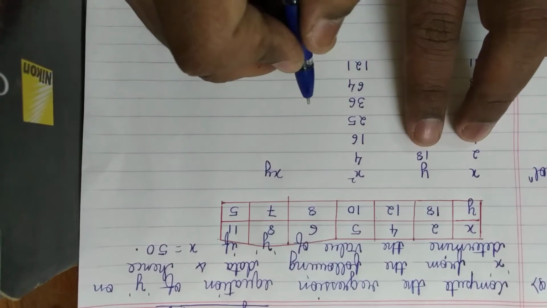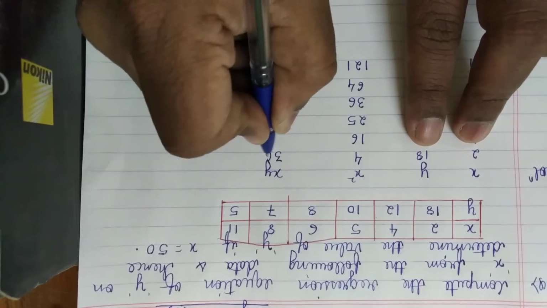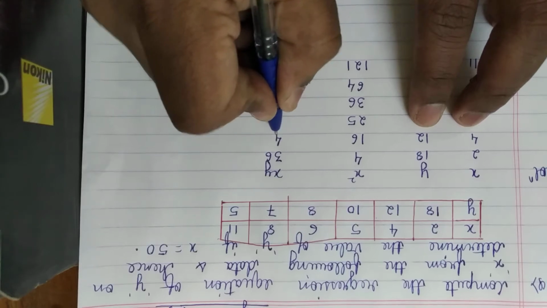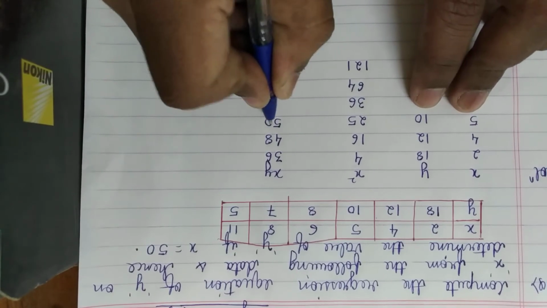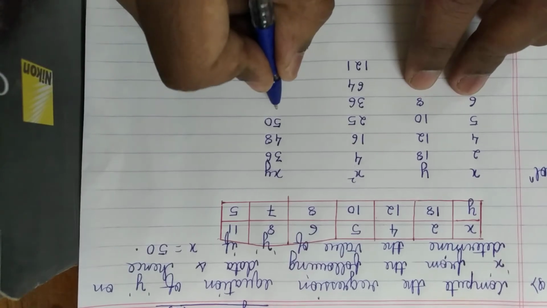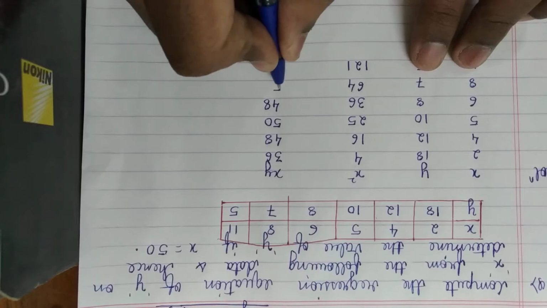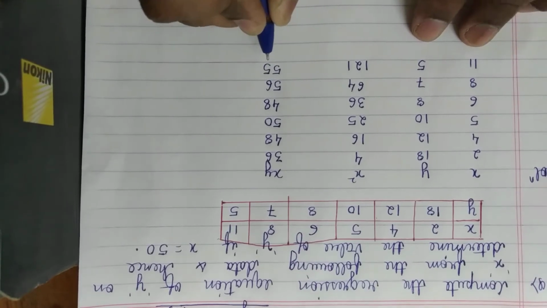No need to find out y square. 2 into 18, 36, 4 into 12, 48, 5 into 10, 50, 6 8s are 48, 8 7s are 56, 11 5s are 55.